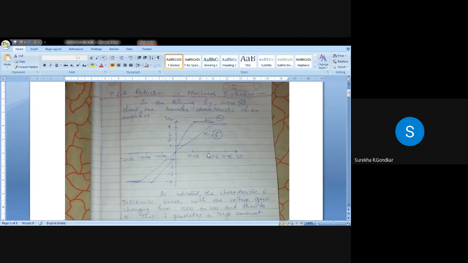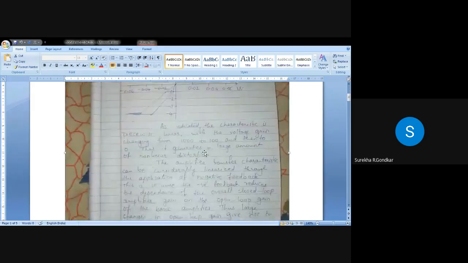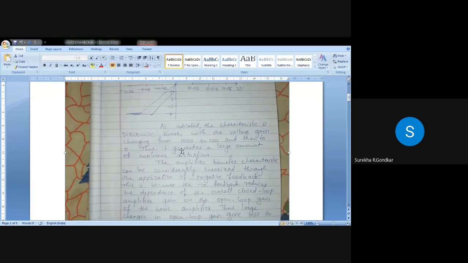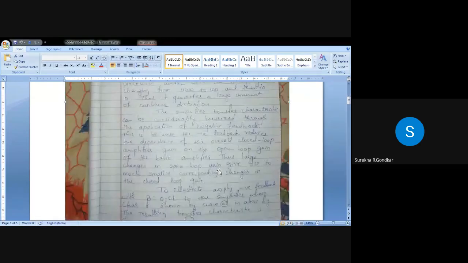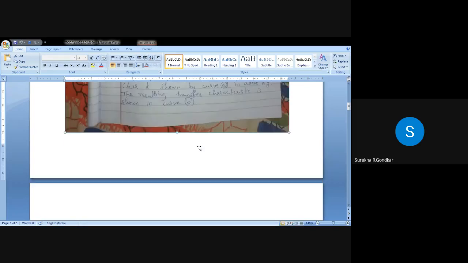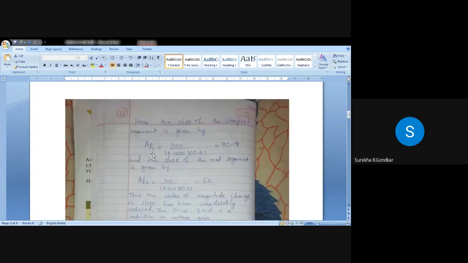Now how it is done, we have taken one example in this case. You can see the gain is changing from 1000 to 100 and then back to 0. So we have taken one example of negative feedback with the feedback factor equal to 0.01. We all know that the gain with feedback is given by A divided by 1 plus A beta, where A is the open loop gain.